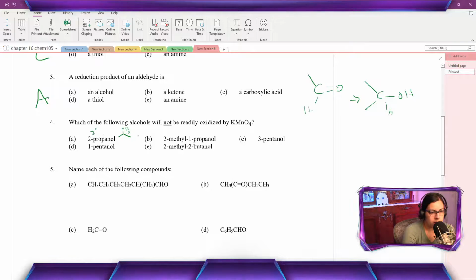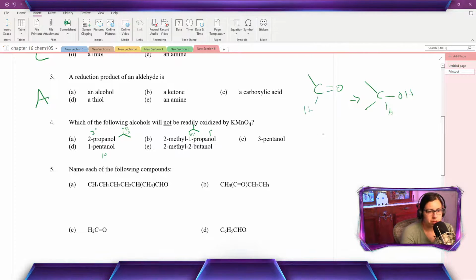This is a secondary alcohol. So 1-pentanol. So I can tell that's going to be a primary. So 2-methyl, 1-propanol. So propanol. So 1, 2, 3 there. So 1 for my OH. So that's still good. So that's a primary.